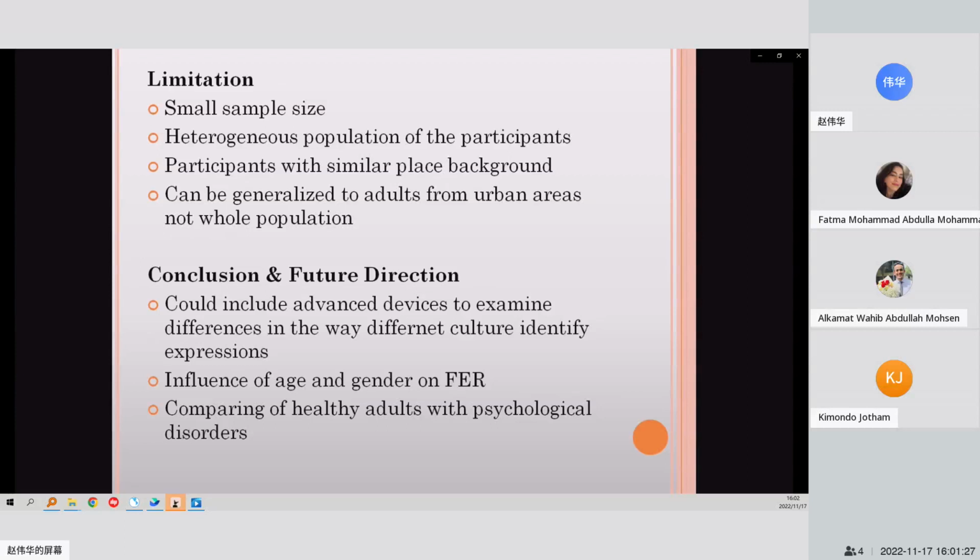Now let me conclude with some of the future directions of this study.